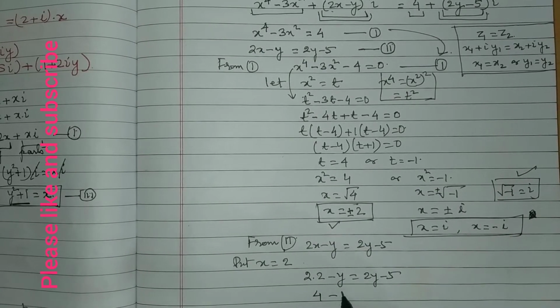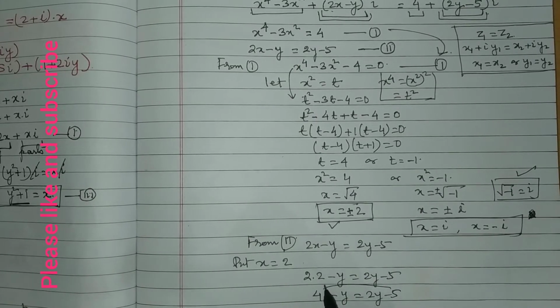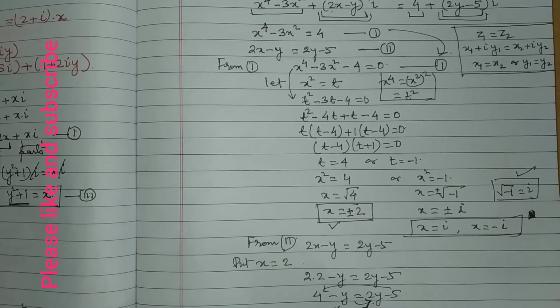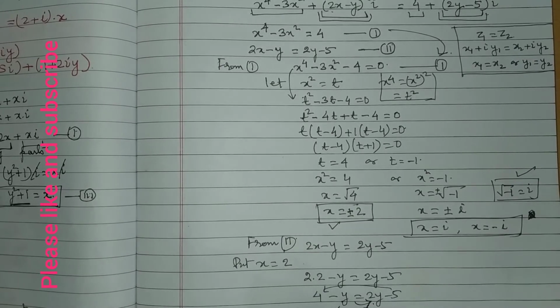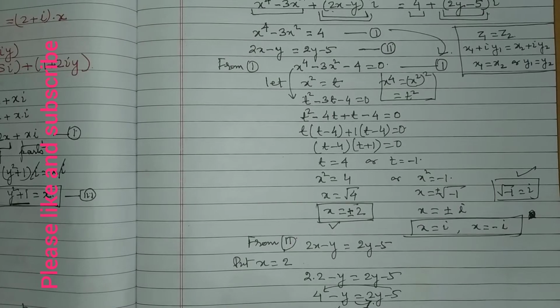So 4 minus y is equal to 2y minus 5. So bring minus 5 to this side, so it is 9 and it is 3y. Just simplify. So y is equal to 3. So when x is equal to 2, y is equal to 3 is coming. These are the real values.